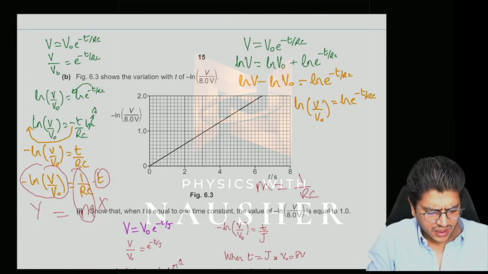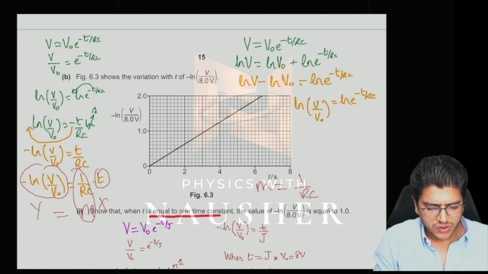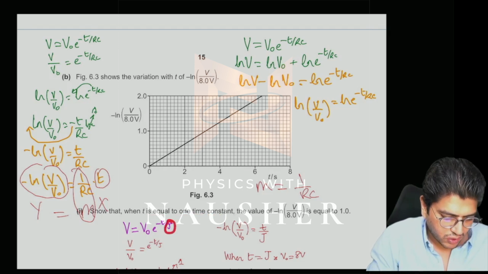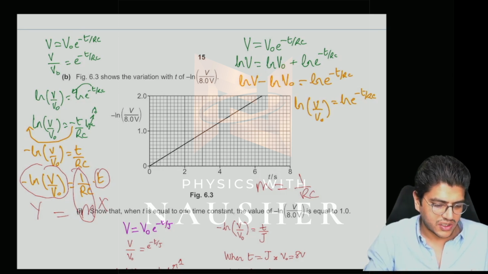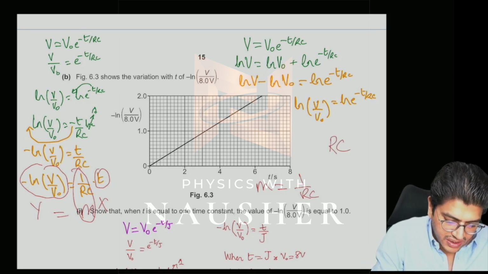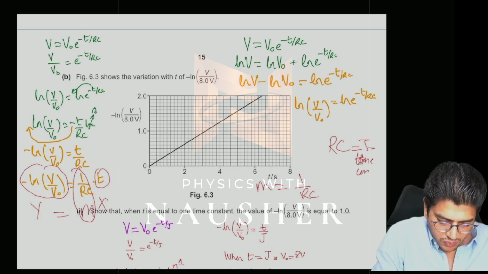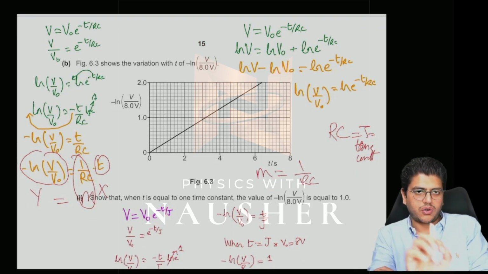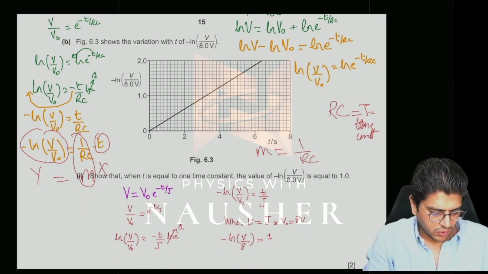Show that when t is equal to 1 time constant, by the way, this tau is 1 time constant, this thing, t over RC. RC is tau, and tau is called time constant. All right, so when I was writing this, instead of writing RC, I just wrote it as tau. Remember, tau is RC. And I did the whole thing, the same thing.